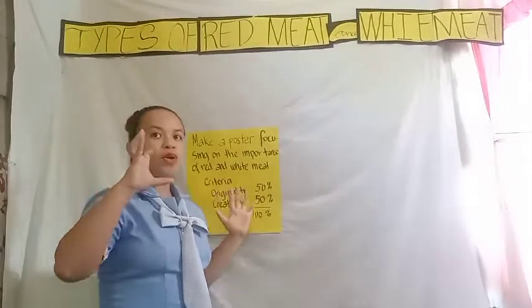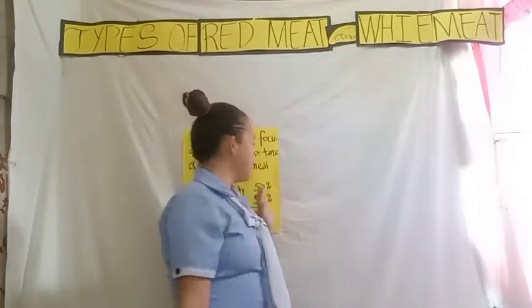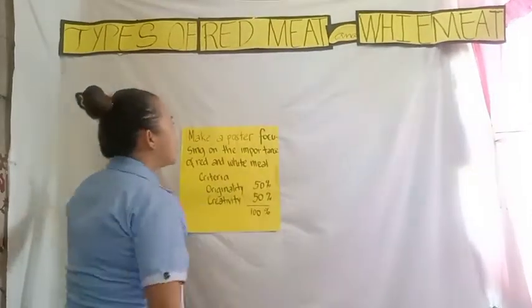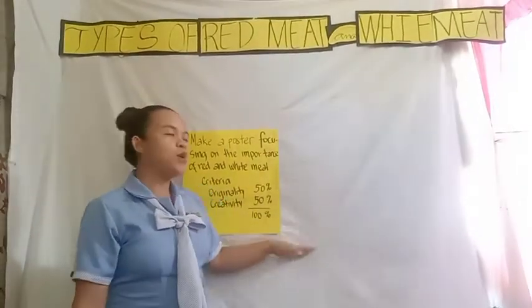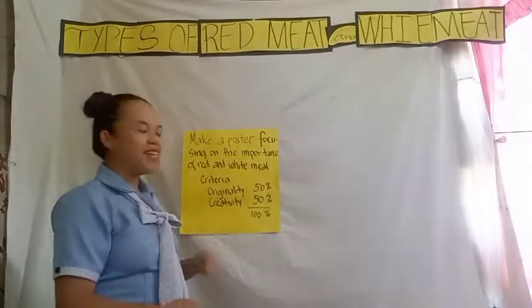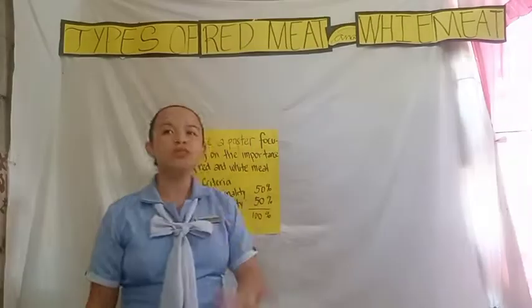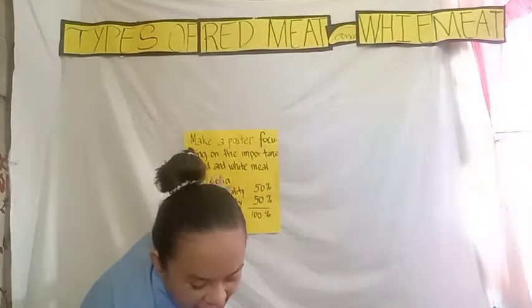The idea of your poster is your own creation, your own brainstorming, your own understanding, and your own belief of how important red meat and white meat are. So that is 50%. And the creativity, the design, the colorful, the neatness, the resourcefulness of your output, that is the creativity, which has another 50%, for a total of 100%. So, am I clear?